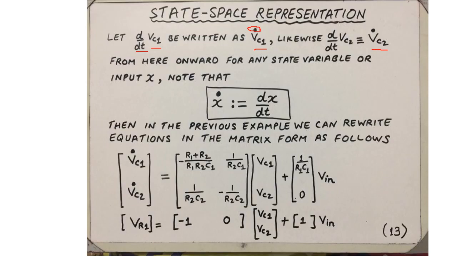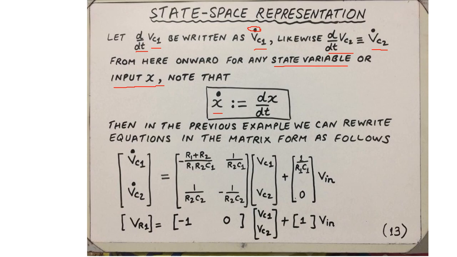Similarly, Vc2 dot represents the derivative of Vc2. And from here onward, we are going to represent the derivative in the form of this dot notation. So for any variable, might it be a state variable or the input variable, x dot means the rate of change of x.